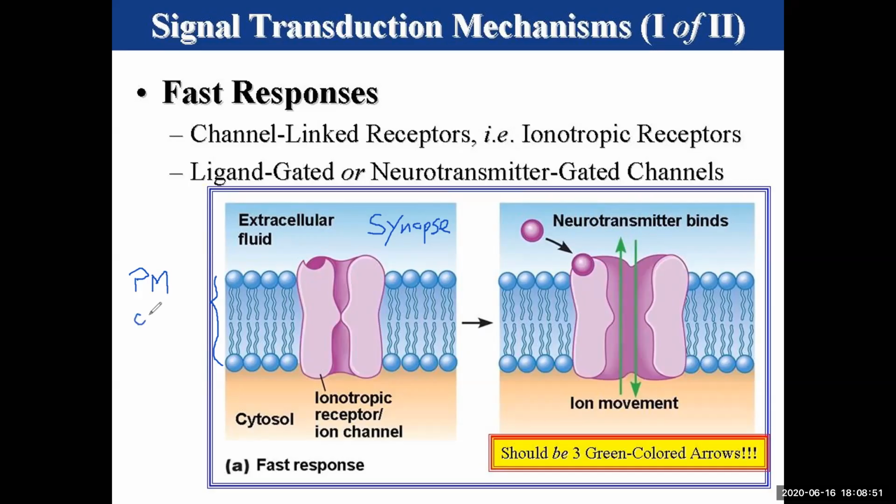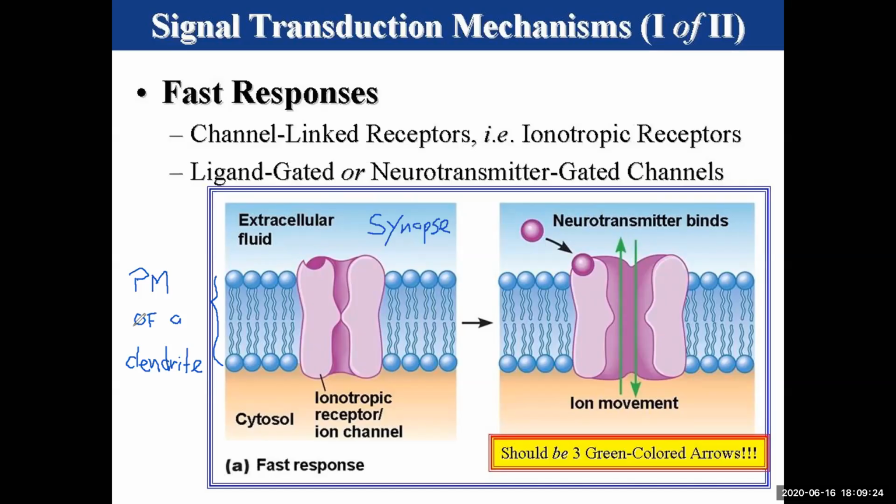Plasma membrane, for example, of a dendrite, or plasma membrane of the soma on the postsynaptic neuron.